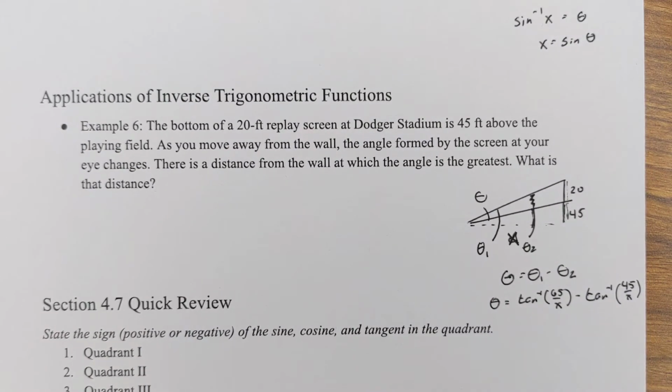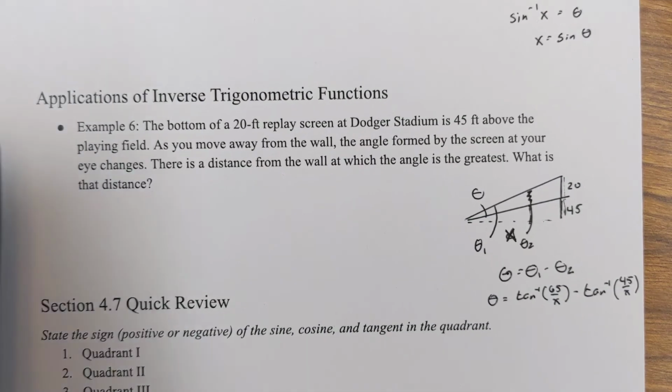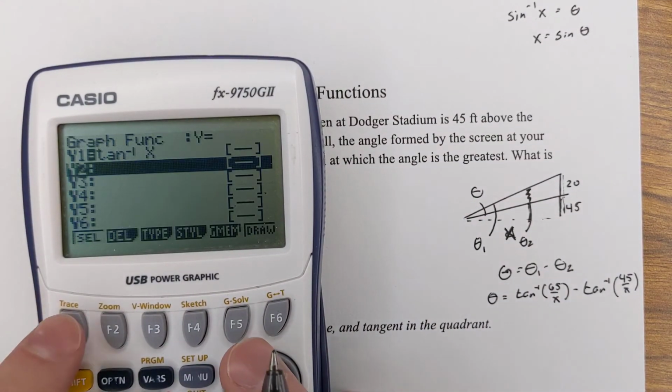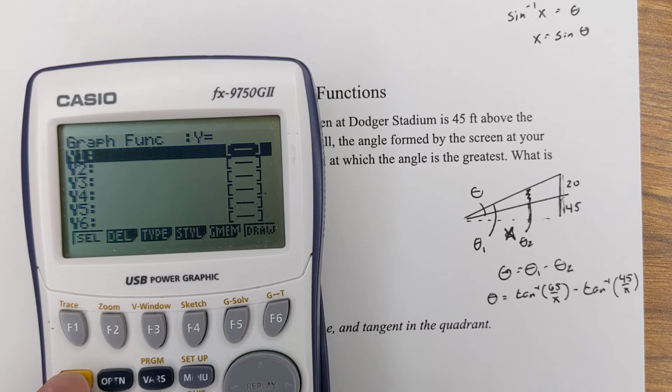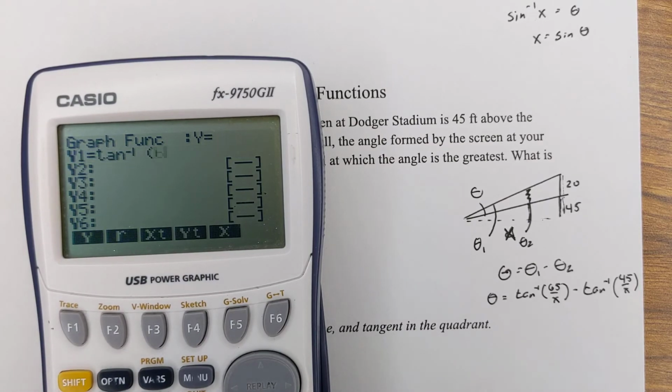Now this is algebraically kind of tricky, but I can actually draw the graph and use that to find the answer. So the inverse tangent of 65 over x minus the inverse tangent of 45 over x. Whoops, not 45x, 45 over x.